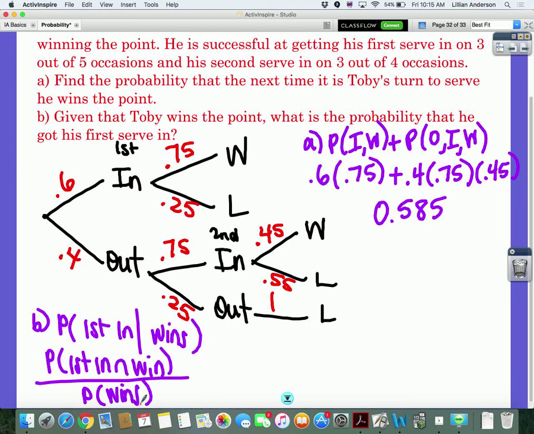What is going to be our numerator? 0.6 and 0.75. Exactly. In and win. 0.6 times 0.75. And we're going to divide it by what? 0.585, which is the part we found in part A. So we type that in, and we figure that out.